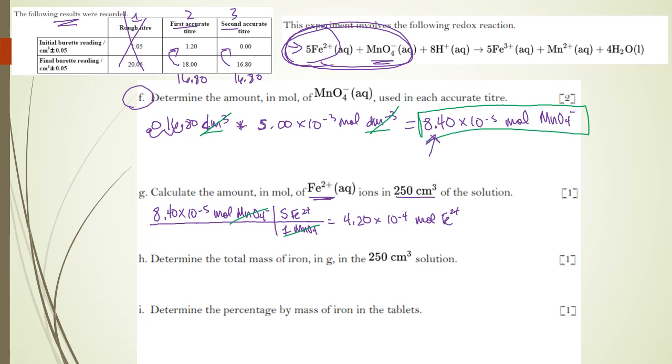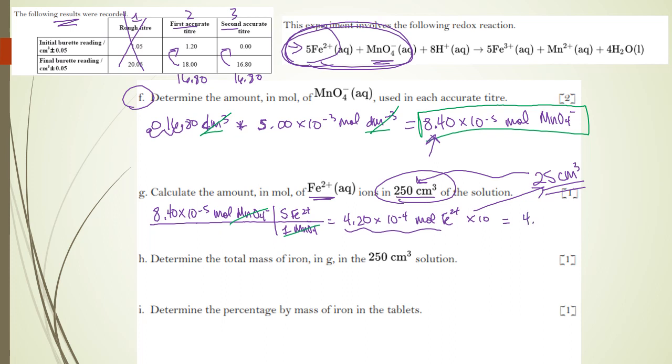But that's for each one of my titers, and we used 25 cubic centimeters of the solution that I pulled out of the original 250. So this is for each 25. To get all of it that I had in the original 250, we're going to multiply by 10.